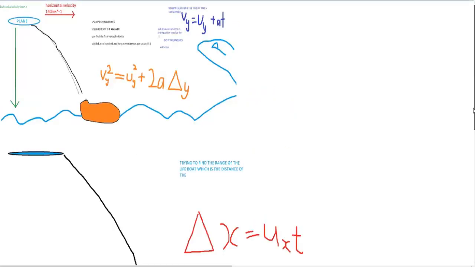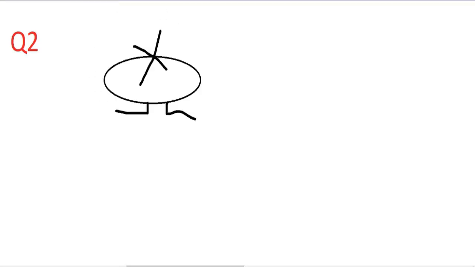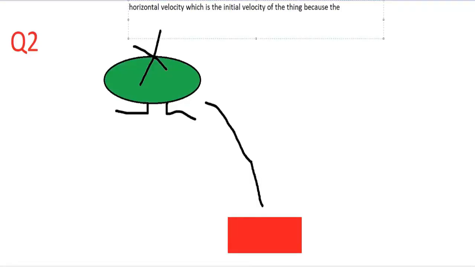Next question, which gives us a different diagram, because a box of supplies is dropped from a helicopter moving at 80 meters per second.